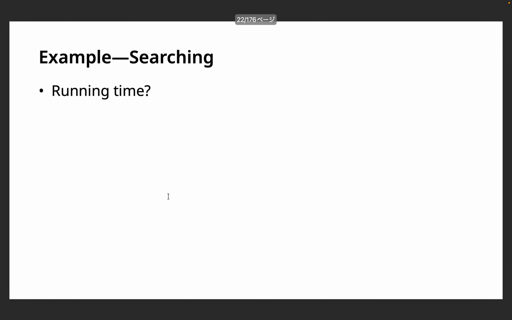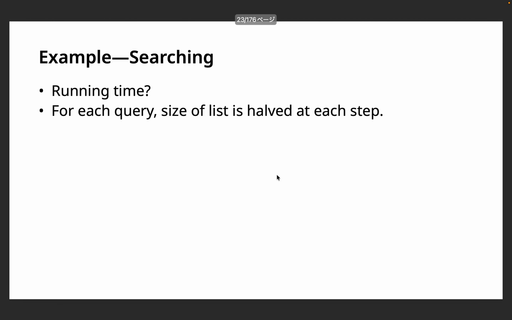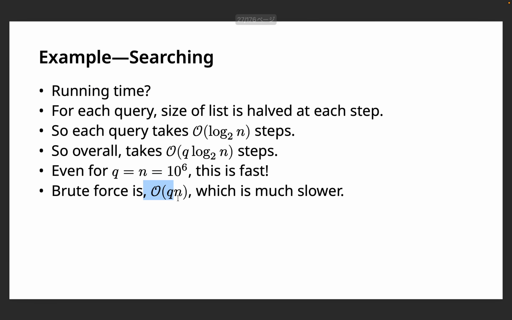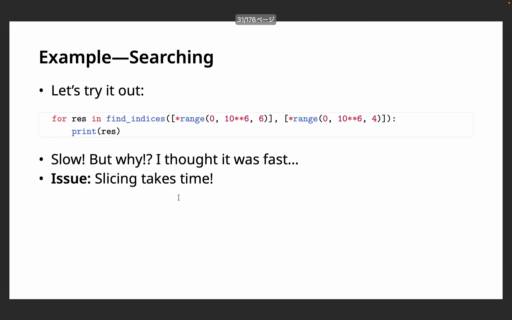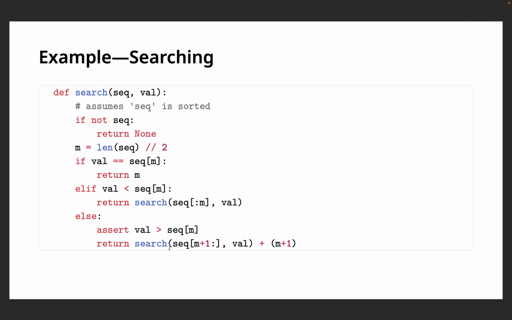So why is that? Why does this binary search solution run in O of n time instead? Well, the reason for that is slicing. If we look carefully in the implementation here, whenever we're making a recursive call, we're slicing the original sequence.